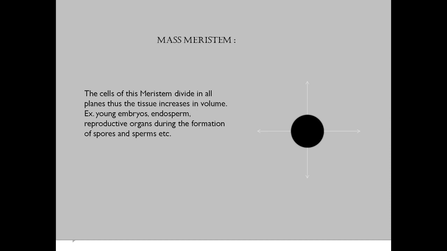In mass meristem, the cell divides in all planes, either this side, this side, this side, or this side. In all directions the cells of this meristem divide, so it increases the volume of tissue. Good examples of mass meristem are the young embryo, endosperm, sporangium, and spores.